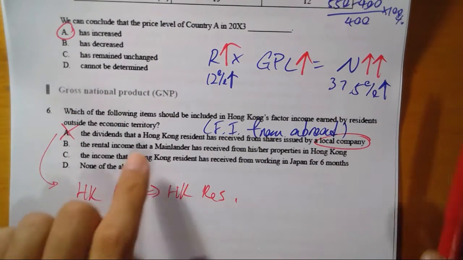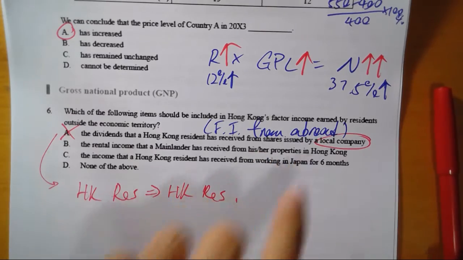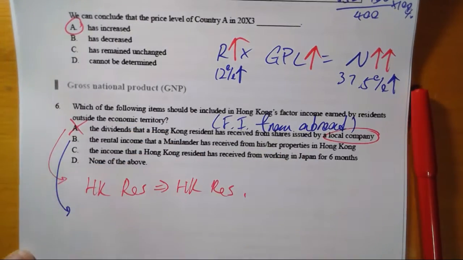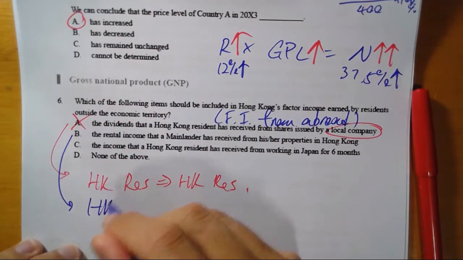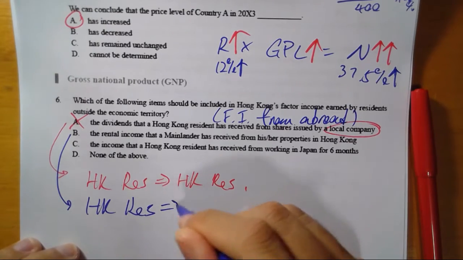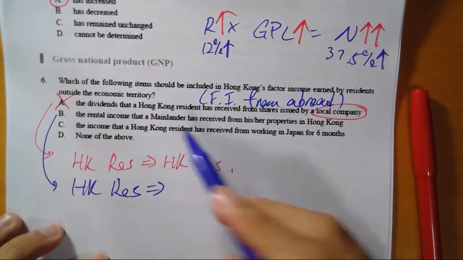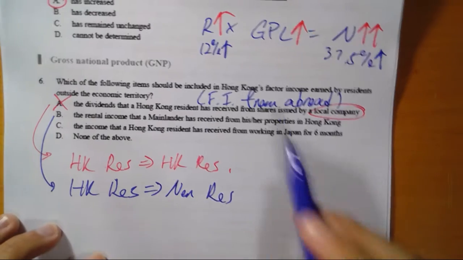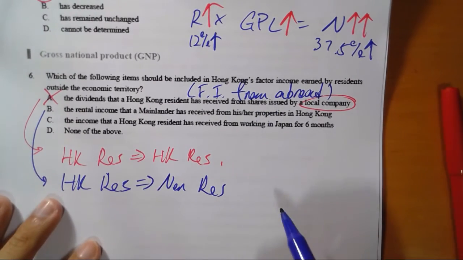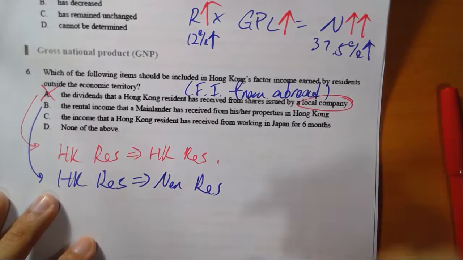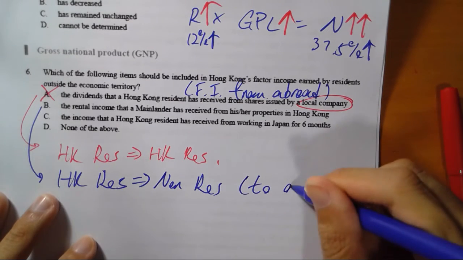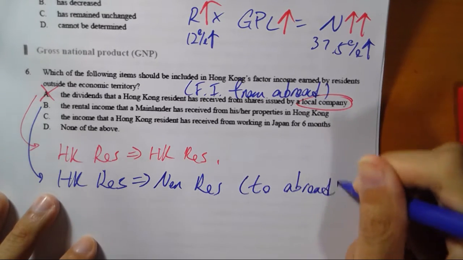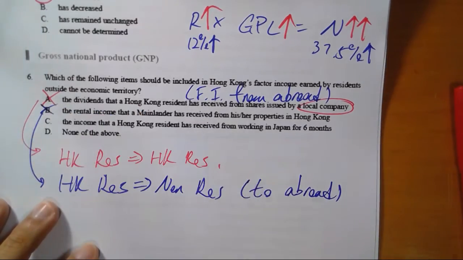Now B, rental income of mainlander received from property. Now this one is just the opposite. Basically, Hong Kong resident giving money to a mainlander, okay, non-resident. This is not factor income from abroad. This is paid to abroad, right? 係咪呢個我哋叫 to abroad 喎？俾出去喎。Not the answer.